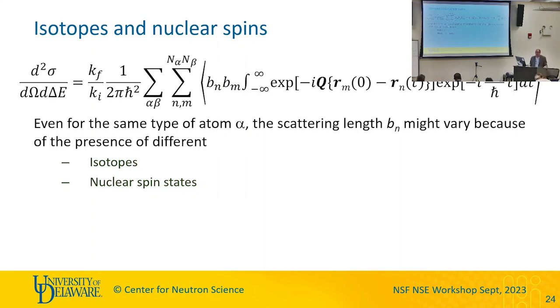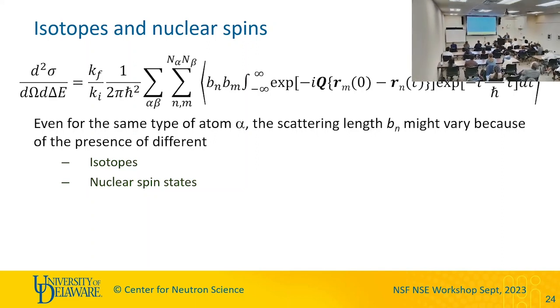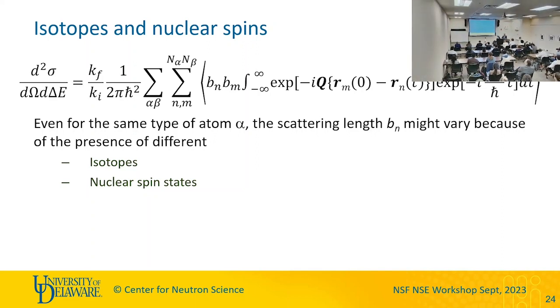Now, in most cases, both the neutron spin direction and the nuclear spin state are random in the system. There is no correlation between them, and the nuclear spin state is not correlated to the position of the atom in real space. So that means that this average, do you know what this symbol means? Maybe I should have introduced it before.